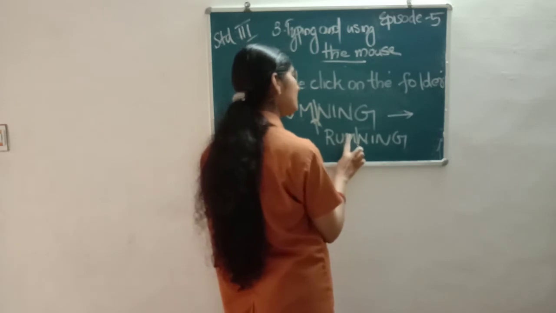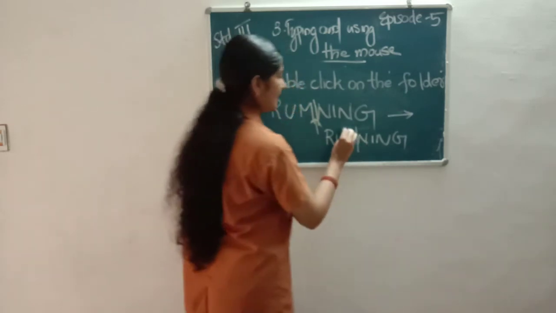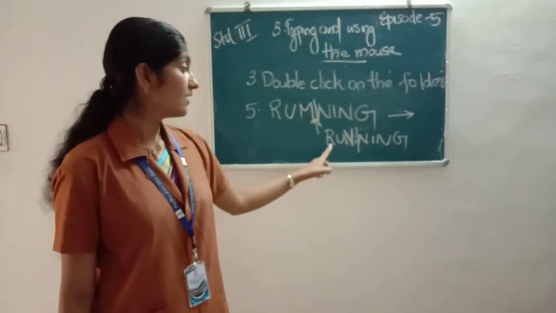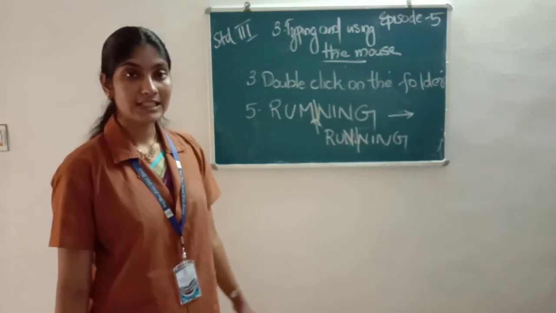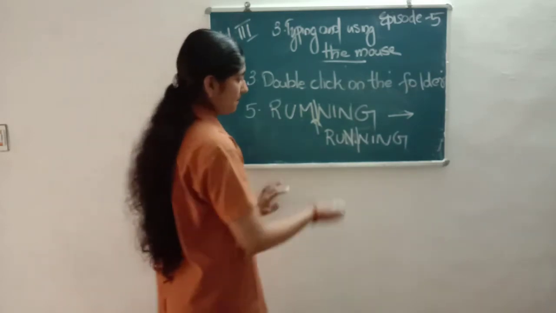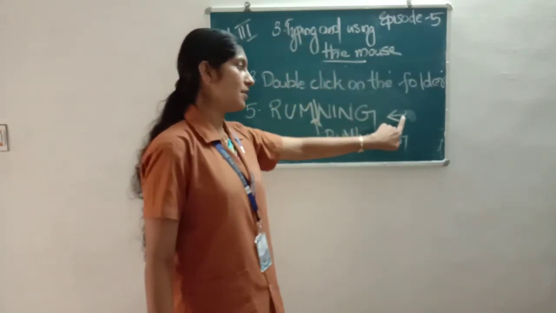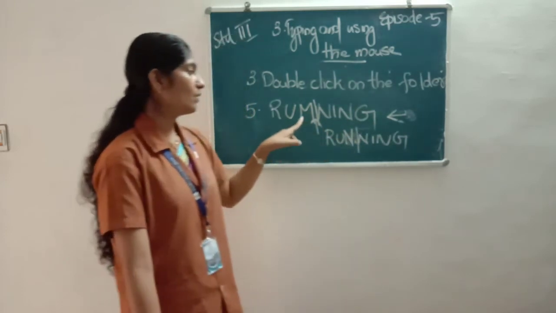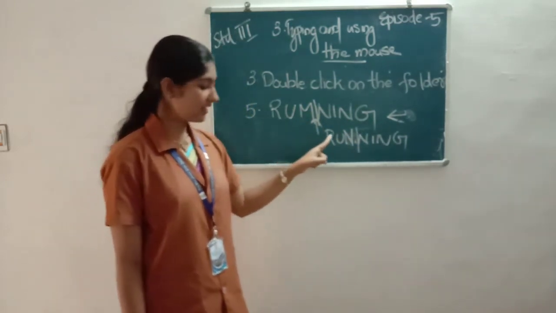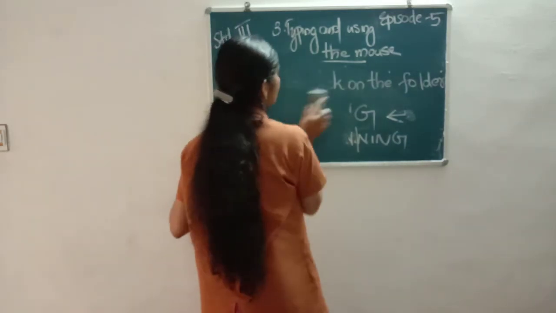Then after that, this letter will be removed. Then type the letter N. So finally, you will get what? Correct word of running. Here is the backspace. That means press the backspace key. So here letter M will be removed and then type the letter N. Finally we got running.